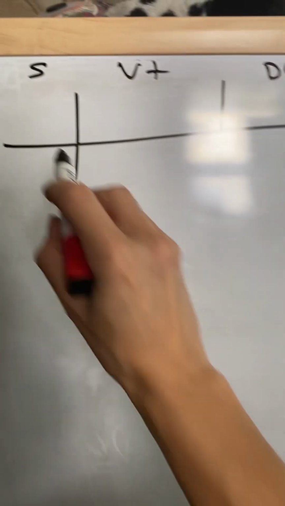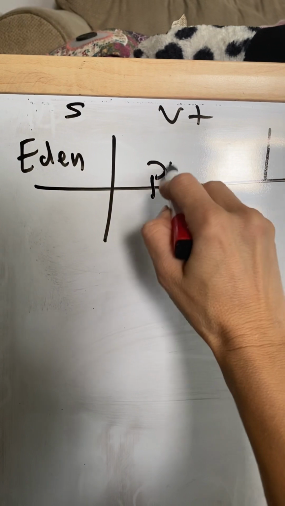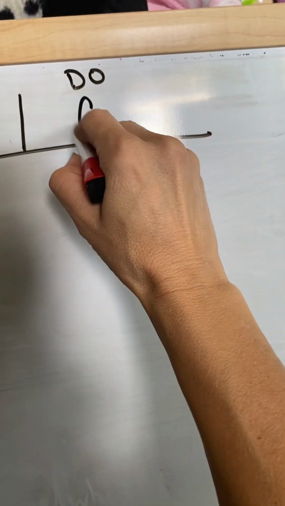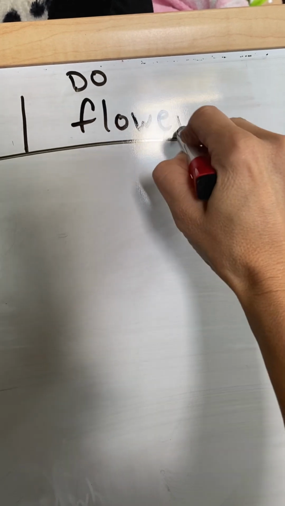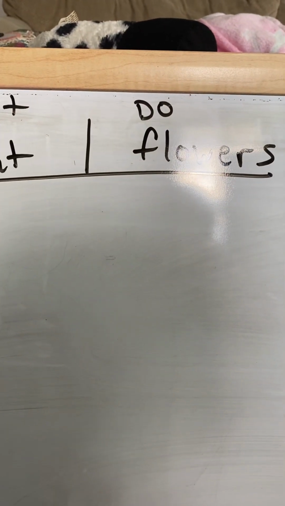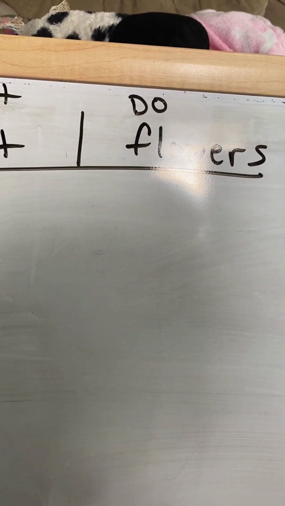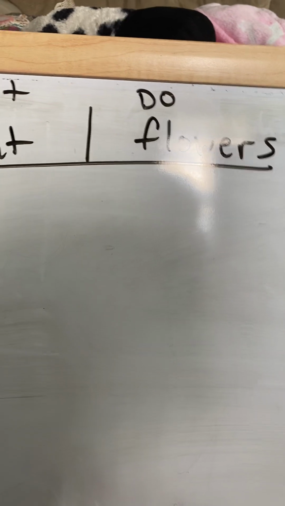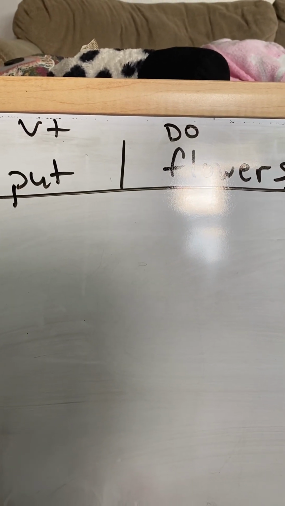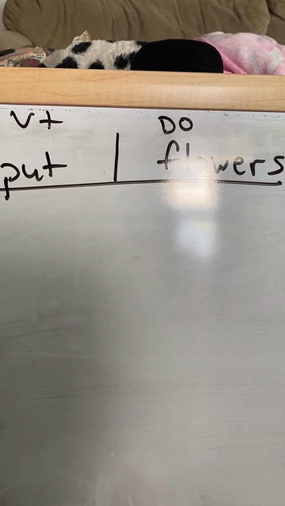So we have Eden put who or what? Flowers. Now we have, which were daisies in her hair? Now remember that in her hair, if we look how we diagrammed it, is an adverbial prepositional phrase telling us where she put them.